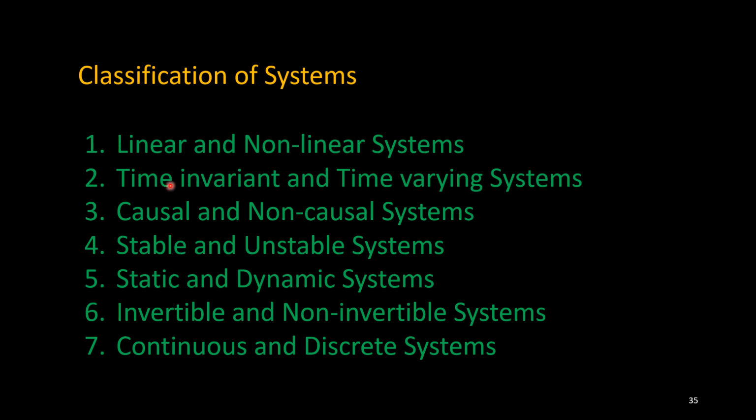Then time-invariant or time-varying systems, causal or non-causal systems, stable or unstable systems, static and dynamic systems, invertible and non-invertible systems, and the last one is continuous and discrete systems. Every group of this classification of systems will be discussed in detail in subsequent lectures. So please keep watching.